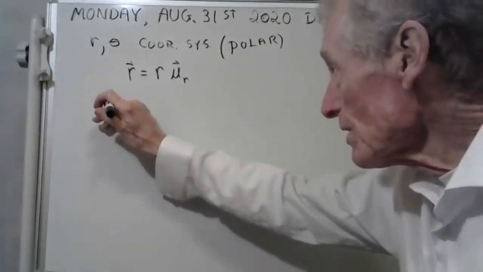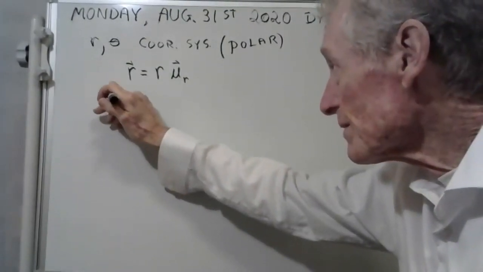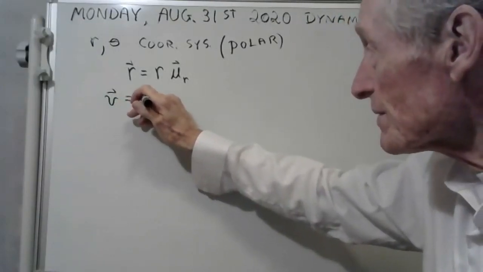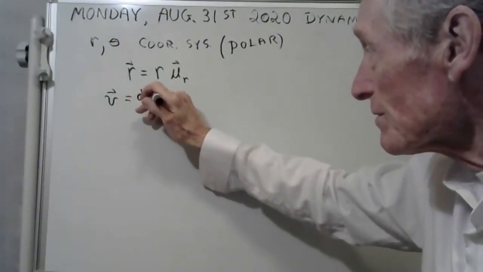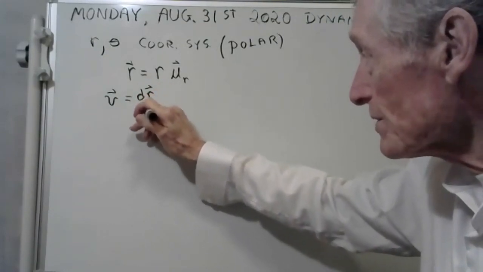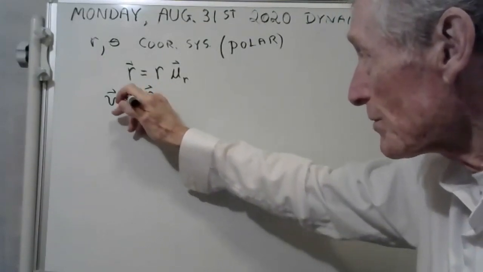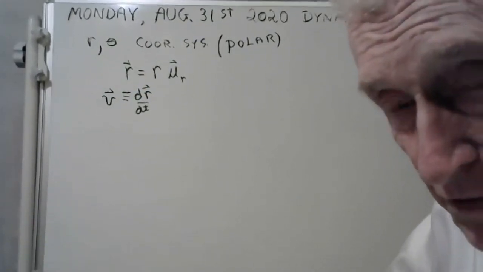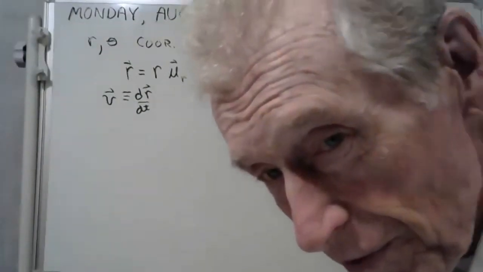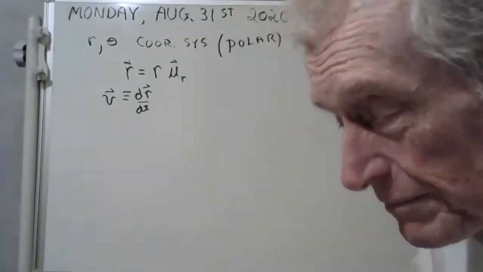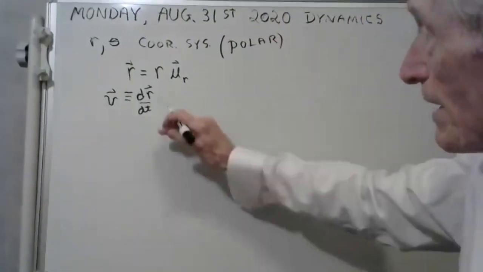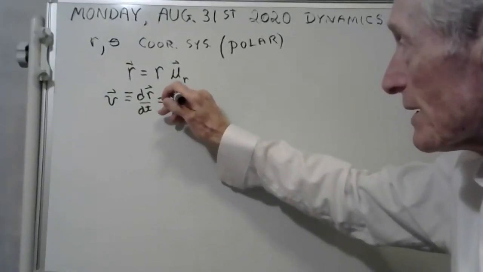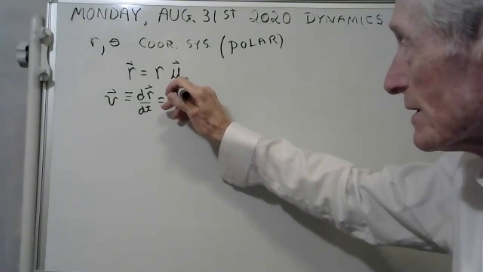Now, if you want the velocity, you have to take the derivative of the position vector by definition. Put 3 lines there. You got to take the first derivative with respect to time. Hope you can read my writing. Now this book, it's too lazy to write that out, so they write it like this.